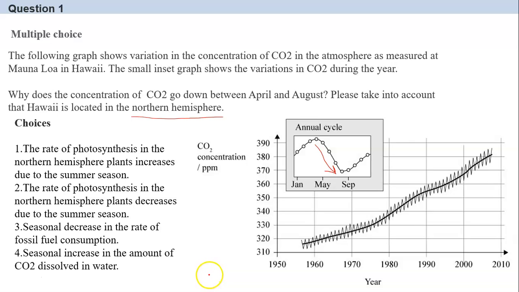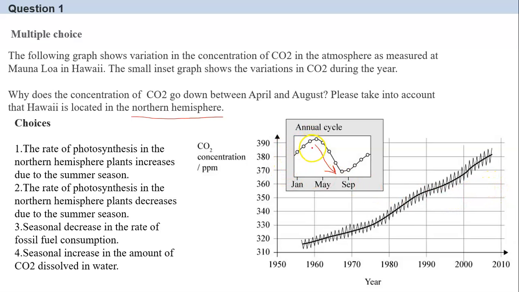Alright, you got the answer right, I suppose. Here is the graph, and it shows the carbon dioxide concentration in ppm against the year. This is the increase of the level of carbon dioxide during the years from 1958 until around 2007-8.